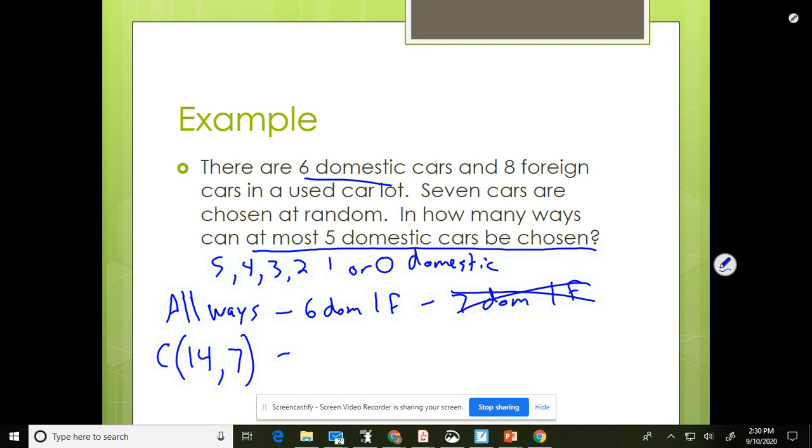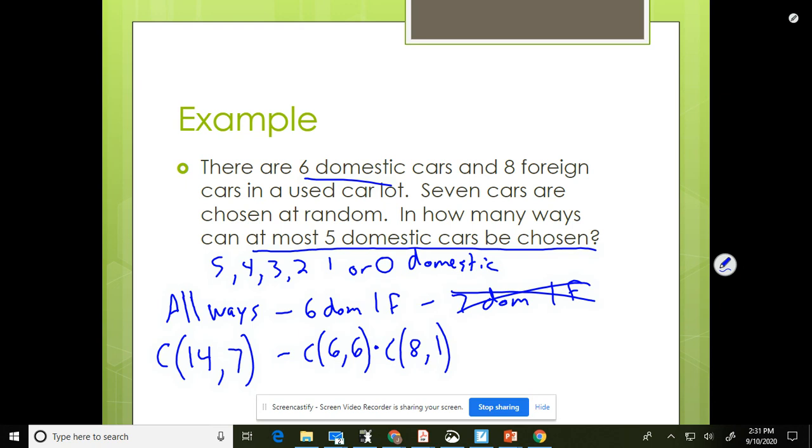So that's 6 domestic cars. So I have 6 domestic to choose from. I'm picking 6. And so multiply 1 foreign. So I have 8 foreign to choose from, and I pick 1. Okay. And that's how we would figure that value out.